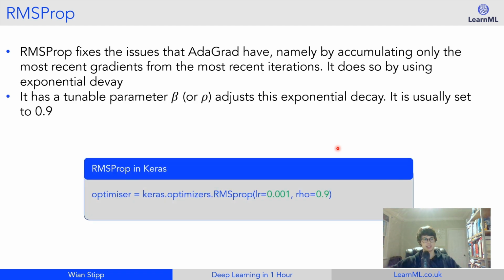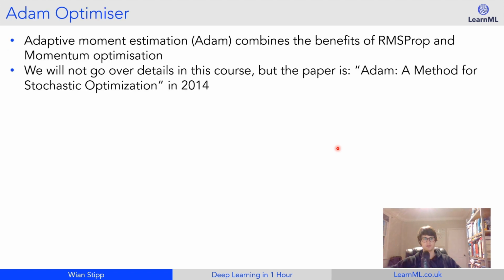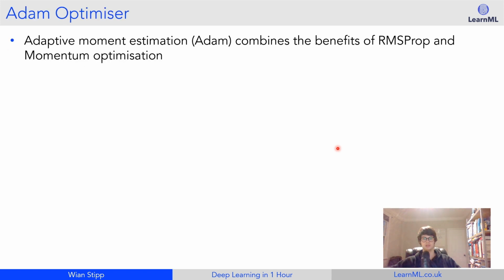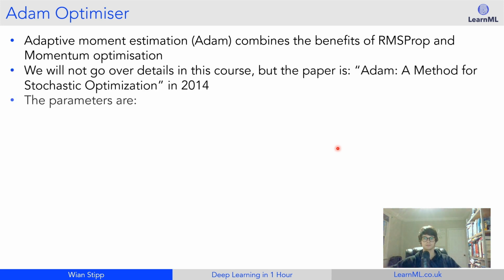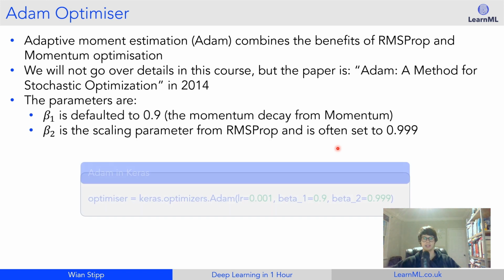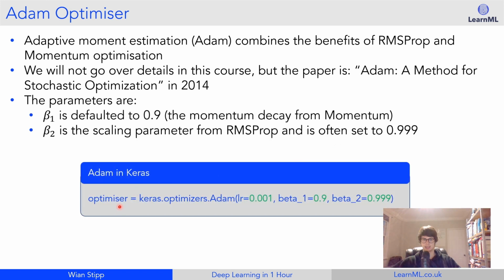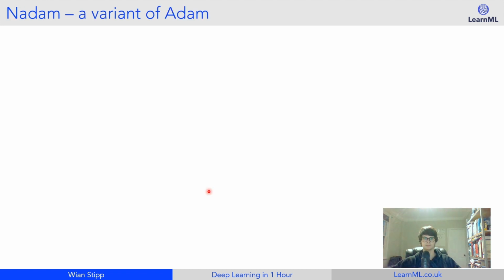All of these optimizers are great, but we're going to focus on Adam. So Adam is using a combination of benefits from all the other optimizers, and it's a very famous one. And it's just called Adam in the Keras optimizer, so you can just call it like this.